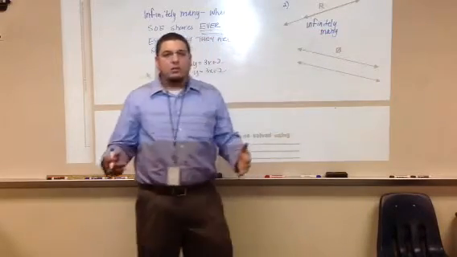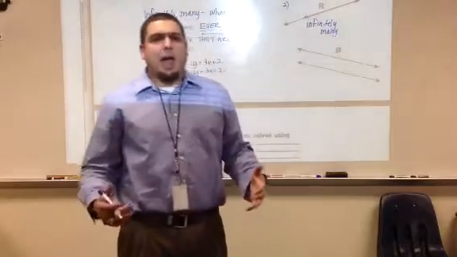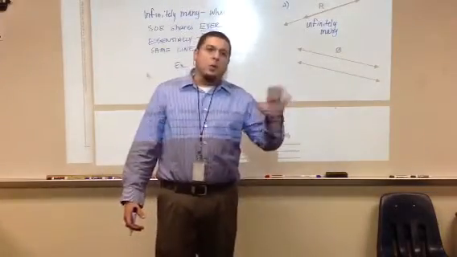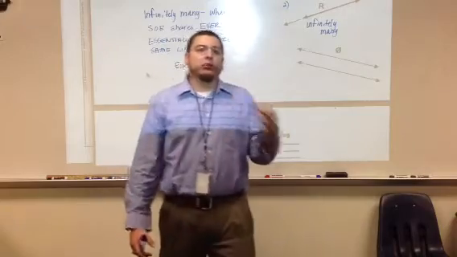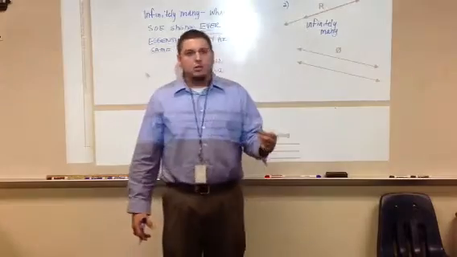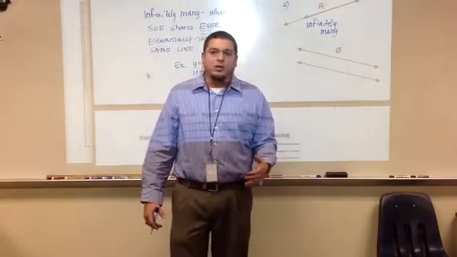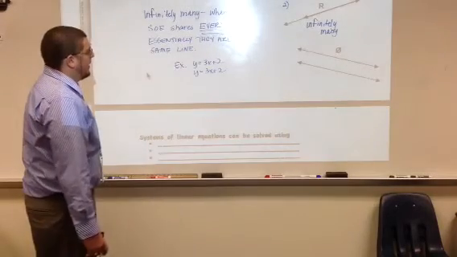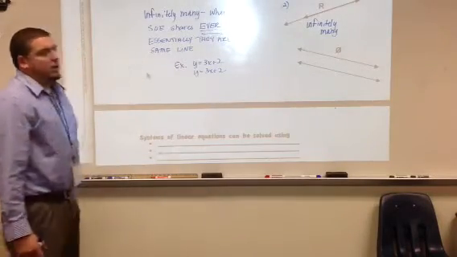Depending on the wording of the question, if I ask you how many solutions it has, you would say infinitely many. If I asked you what are the solutions, you could say all real numbers, or you could say infinitely many. Okay, they're all the same. So that is your option number 2.